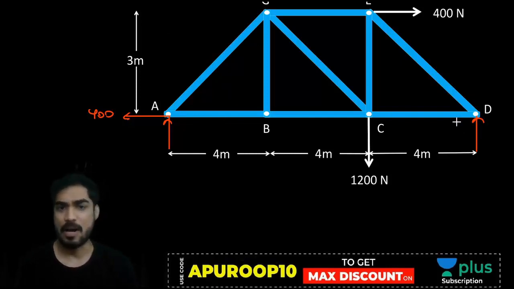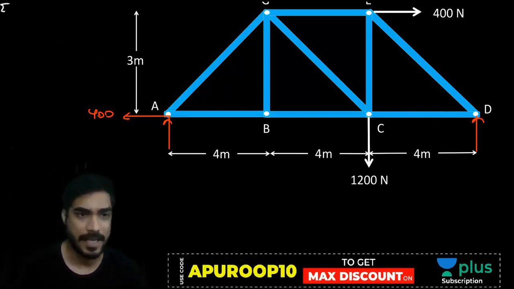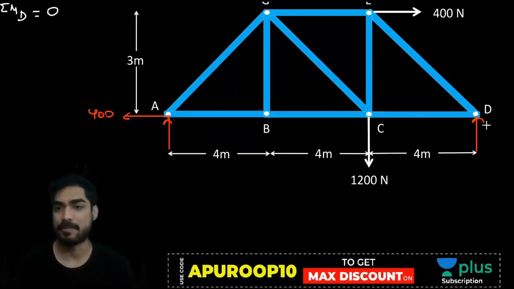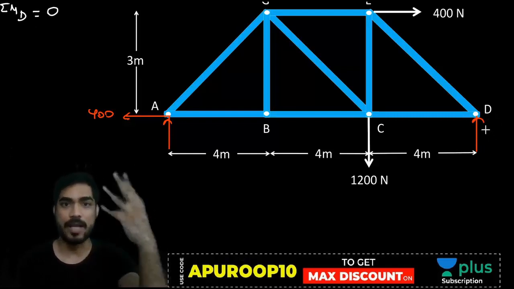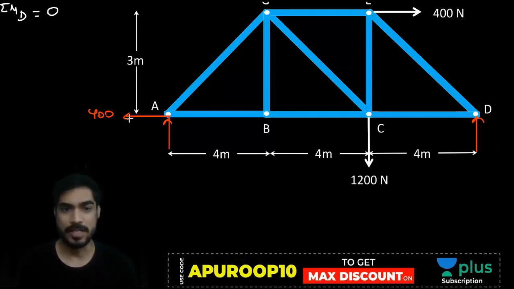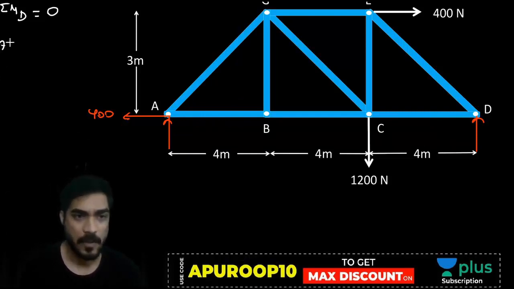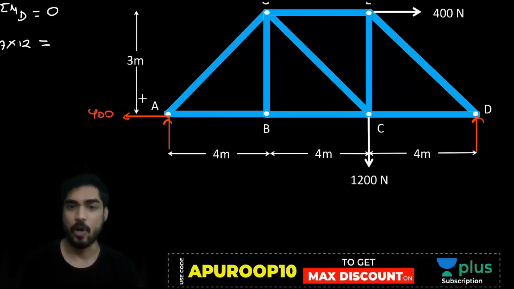Let's find the vertical reaction at A by taking moment at D. If I take moment at D, the moment of RD will be gone, and the moment of this 400 will also be gone, since it is passing through D. The moment of RA will be RA into 12, and it will be clockwise.